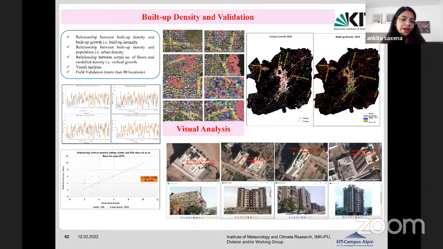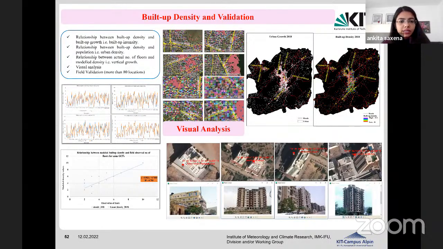And some other phenomena also, like I was referring to LST, land surface temperature, in my first lecture. As I was discussing, where the urbanization is higher, the local climate, I mean the land surface temperature, of those locations will be higher. The higher the built-up, the higher the land surface temperature. So it was also well verified through those indirect built-up density aspects.